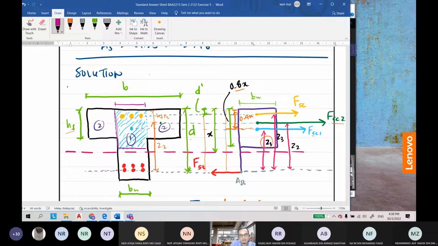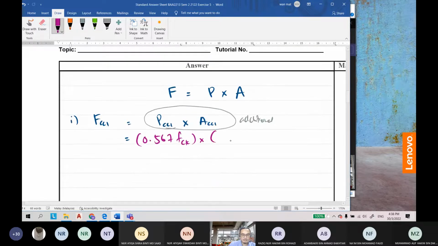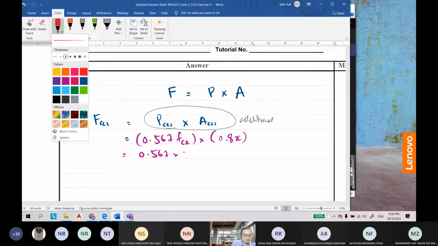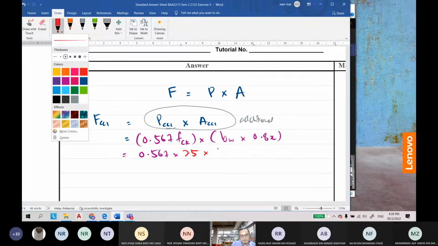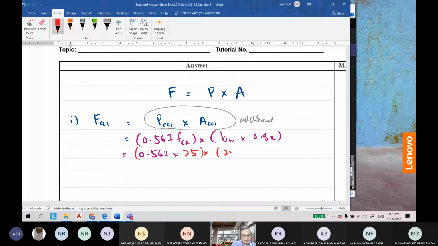The area here is BW times 0.8x. So BW is equal to 250 times 0.8x, and we just leave the value of x. So equal to 0.567 times FCK, our FCK is 25, times 250 times 0.8x.